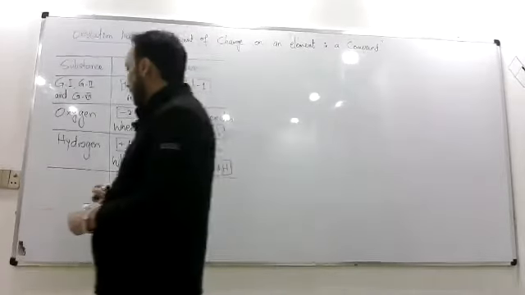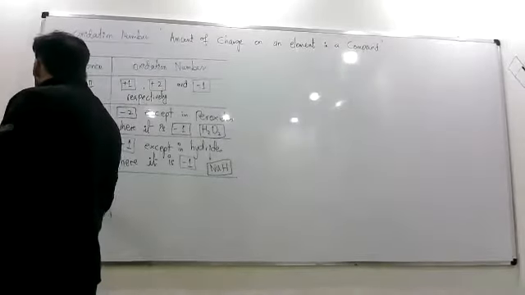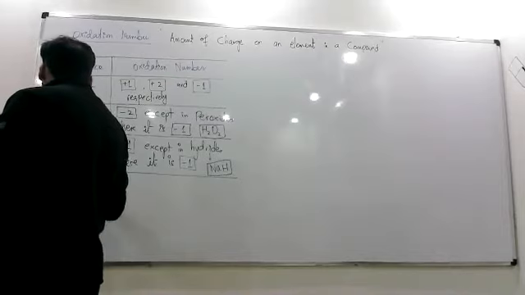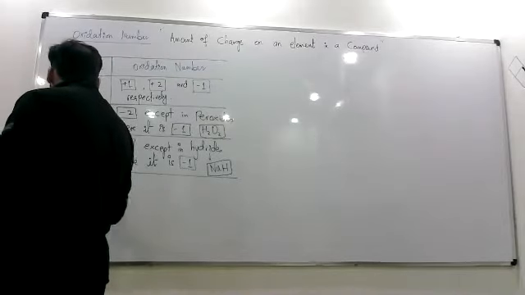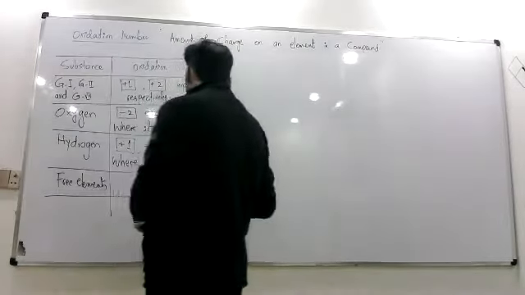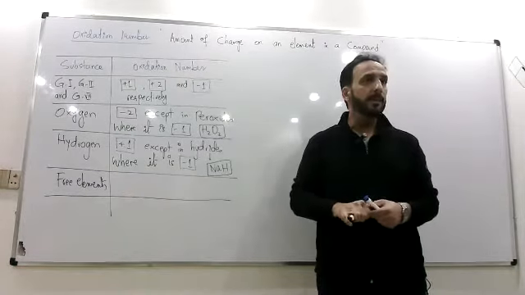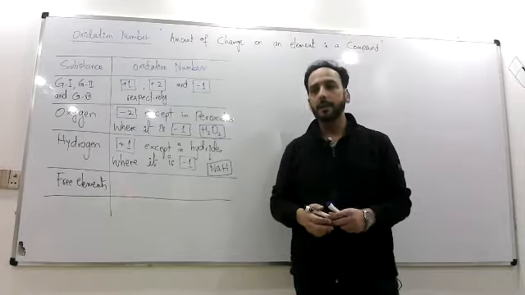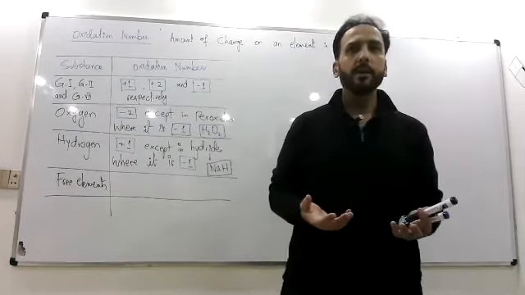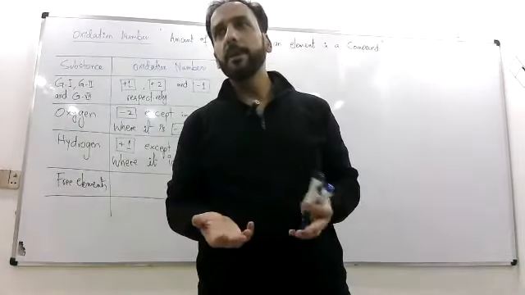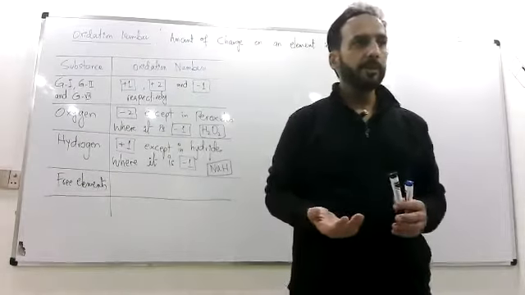अब इसी तरह से oxidation number of free elements. Free elements are the ones which are not bonded yet, or they're bonded with the same type of atom, like same elements bonded together.